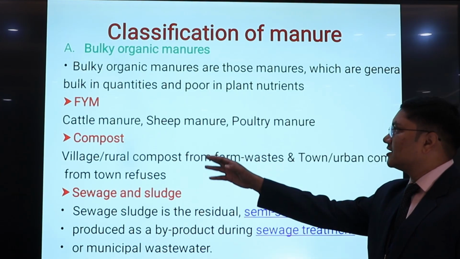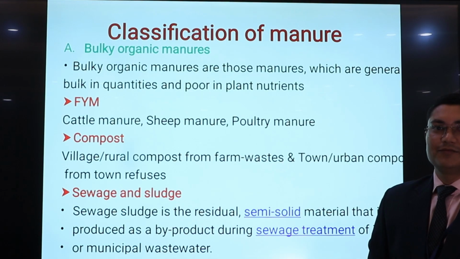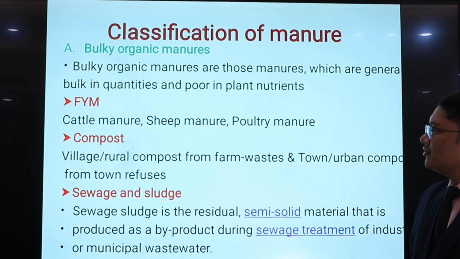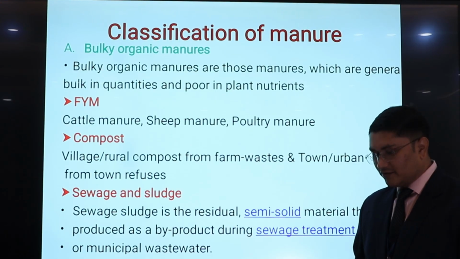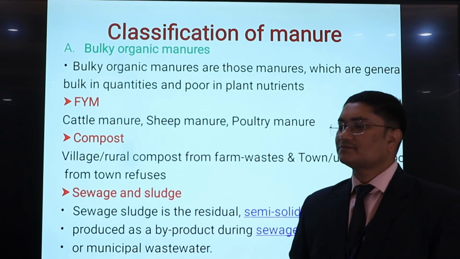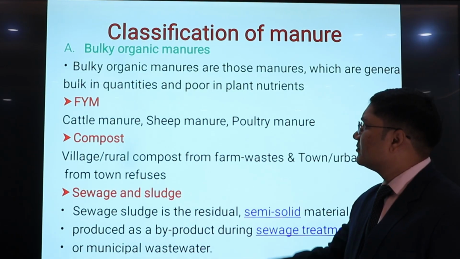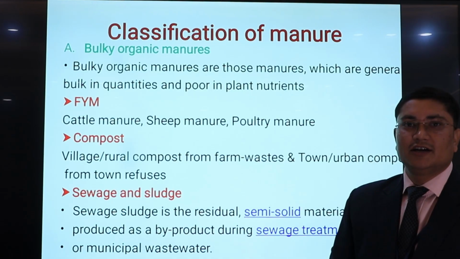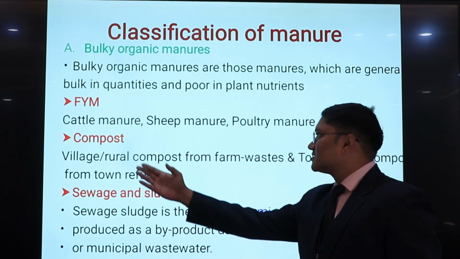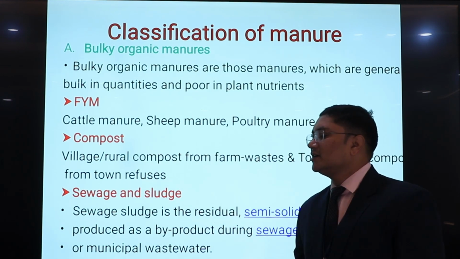The first listed is farmyard manure, which is made basically from farmyard produce like animal wastes. There is cattle manure, sheep manure, and poultry manure. These are the wastes from cattle, sheep, and poultry.